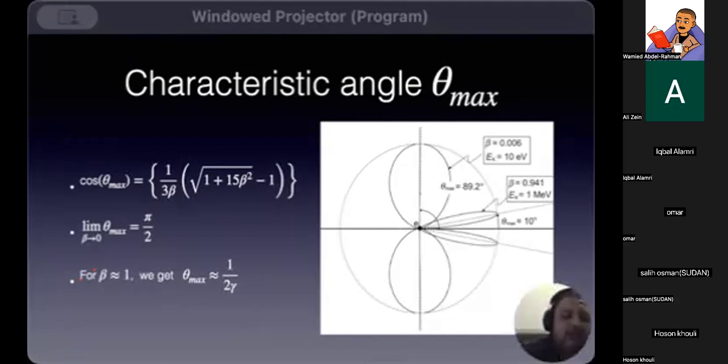Now, when we look at this equation, we start to look at the physics behind it. For example, when beta is low, so when we have a charged particle at low velocity, where is this theta maximum? At low velocity, as beta goes to 0, this theta max will approach pi over 2, 90 degrees.